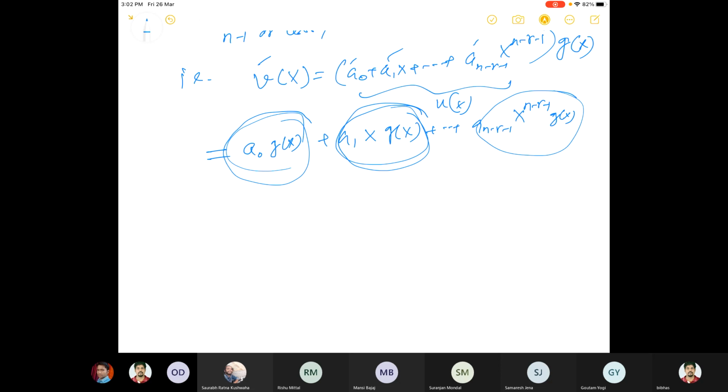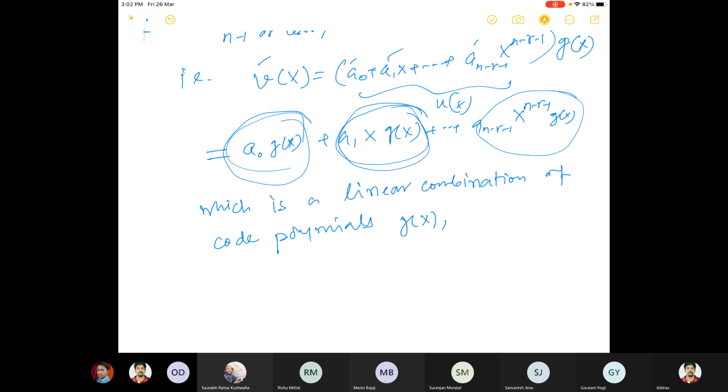So this is nothing but a linear combination of code polynomials g(x), x g(x), dot dot dot, x to the power n minus r minus 1 times g(x).